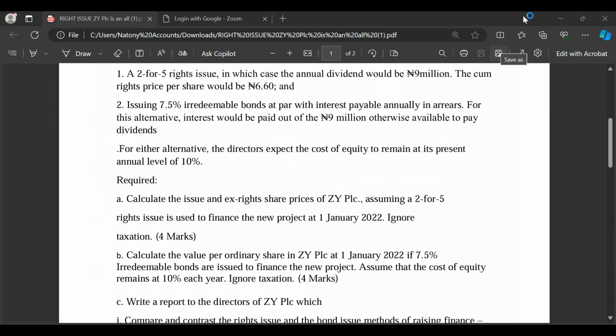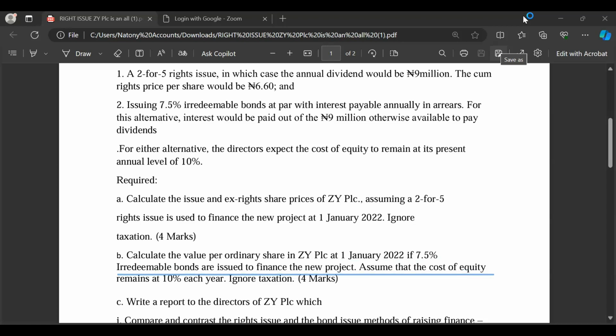So requirement B says calculate the value per ordinary share in XYZ PLC on 1 January 2022 if 7.5% irredeemable bonds are issued to finance the new projects.